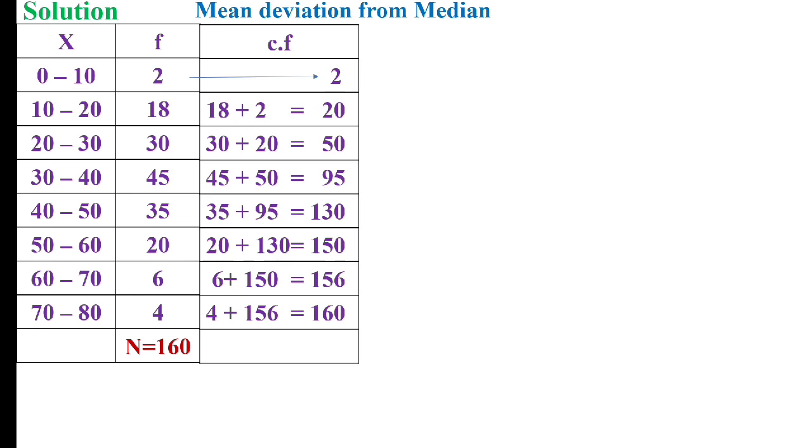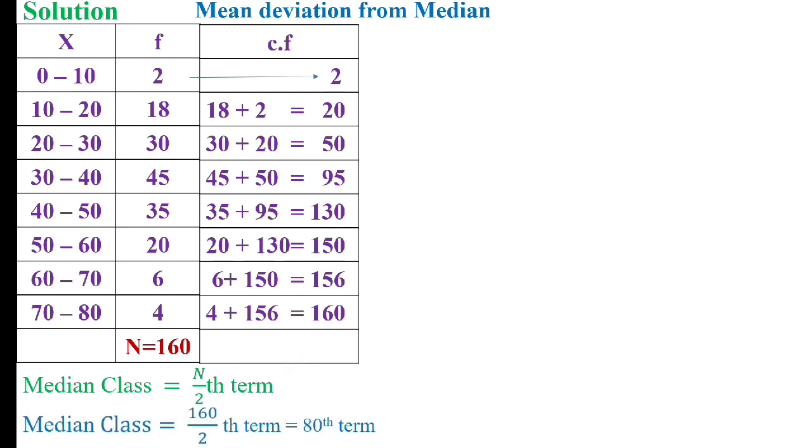The median formula is L plus n divided by 2 minus Cf, divided by f, into i. Where L is the lower limit of the median class, 30; n by 2 is 160 divided by 2, 80; Cf is the previous value of the median class in the cumulative frequency column, 50; f is 45; i is the class width, 10.